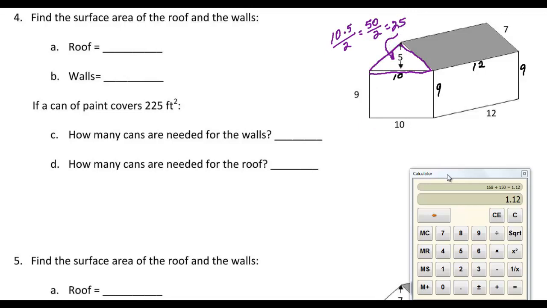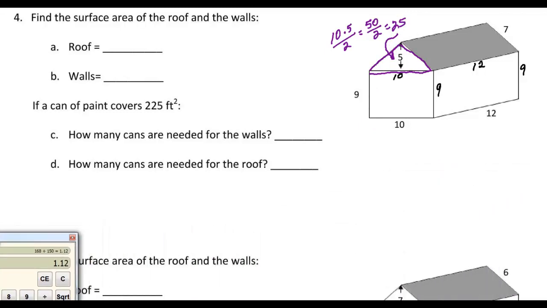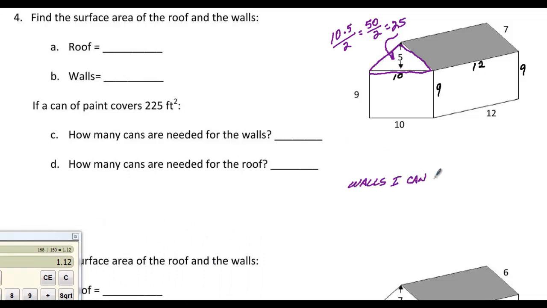This is 25. Let me get my calculator out of the way for a minute. I'm going to start right down here. Walls I can see. The first part of that is a 25. Now you'll notice I'm doing it a little bit differently than I did last time, because I'm going to break this into 3 parts for the walls.